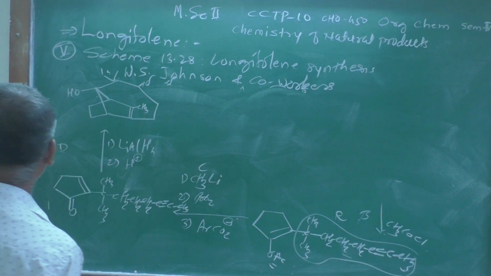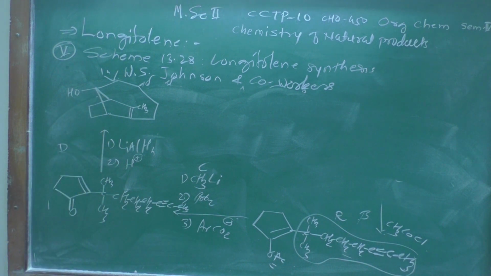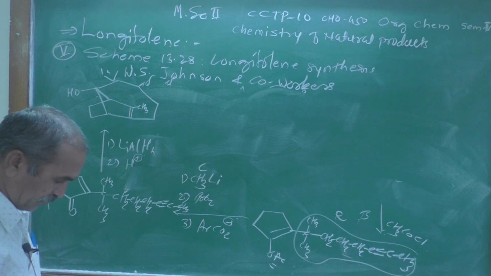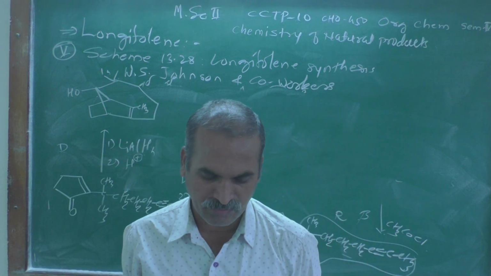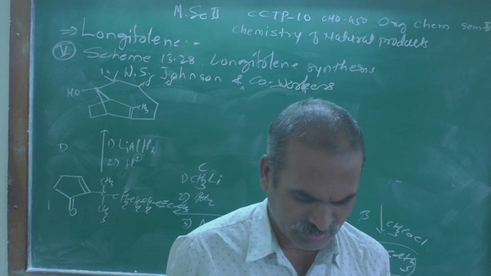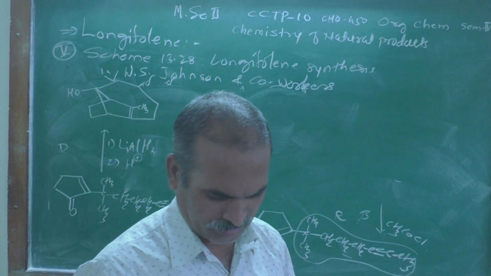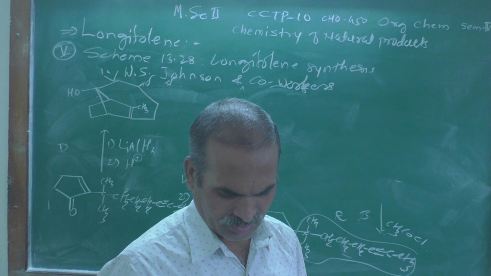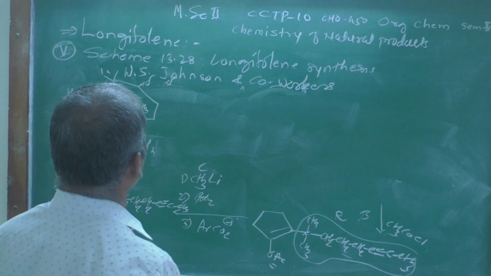Then the acid treatment preferentially gives you this type of photolysis reaction, and it forms directly this kind of tricyclic compound.